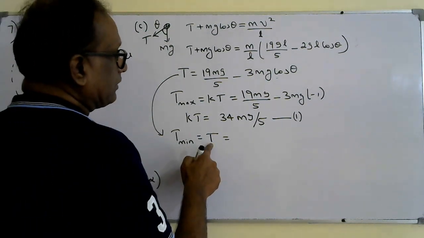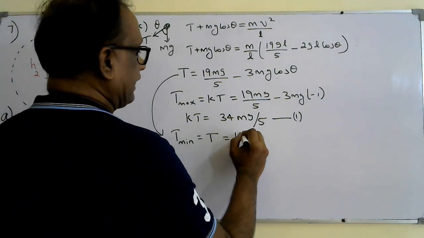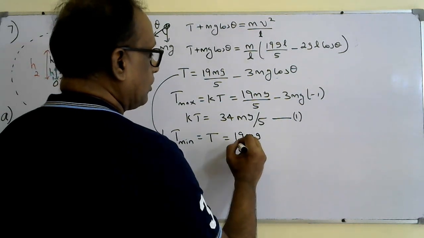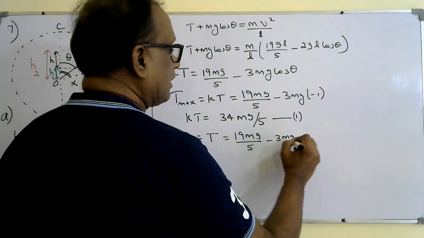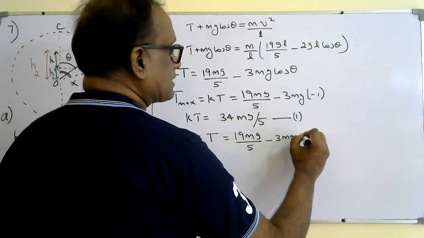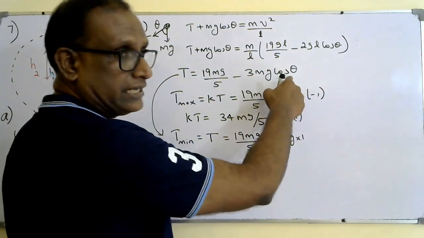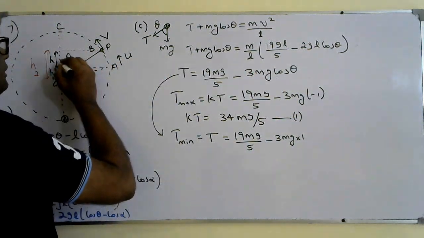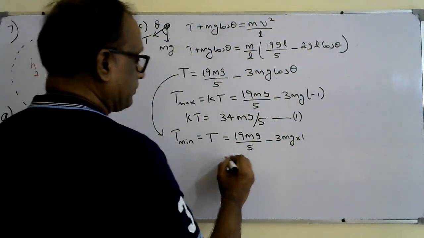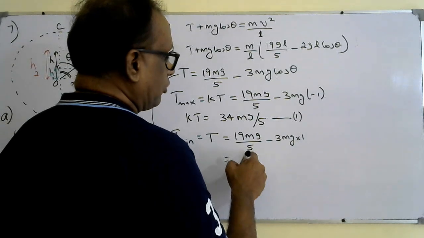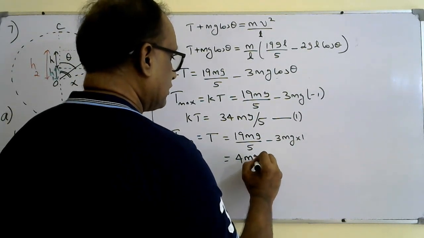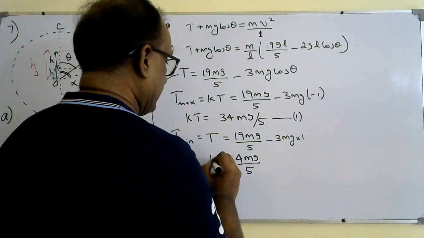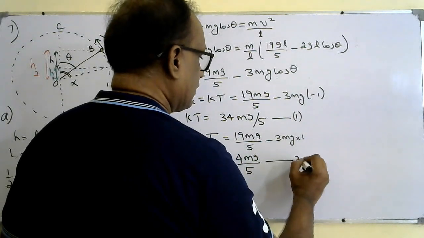So T minimum equals T, that is 19 mg over 5 minus 3 mg into cos theta equals 1. That is 19 mg over 5 minus 15 mg over 5, which is 4 mg over 5, the minimum, which is T.